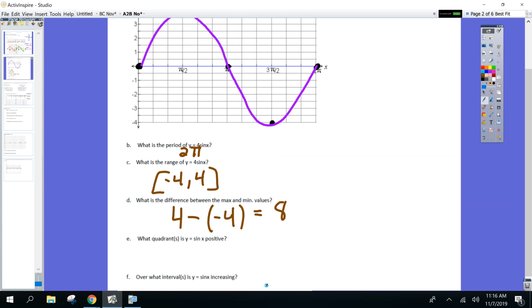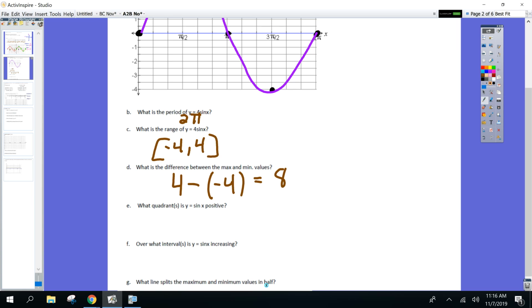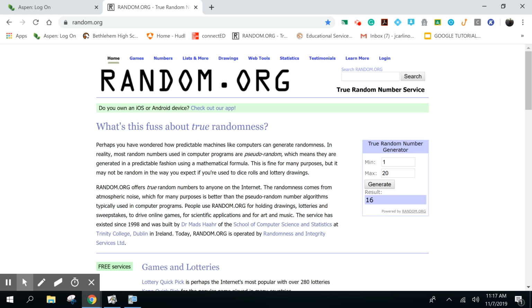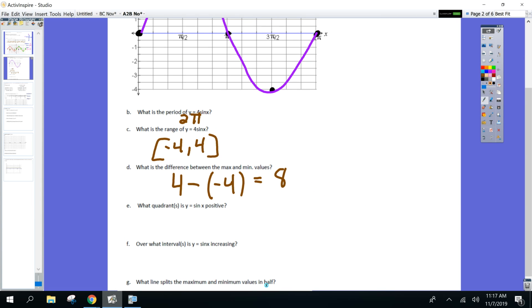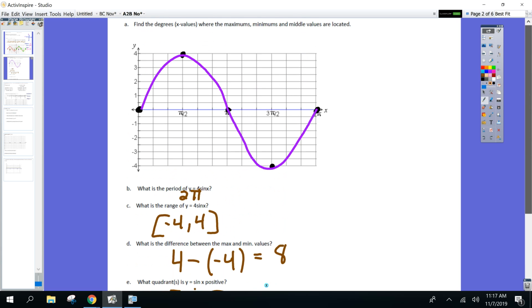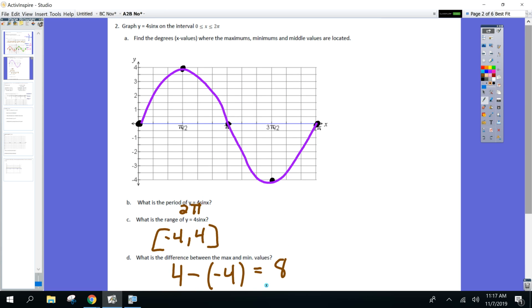What quadrant or quadrants is sine positive? And you can use your knowledge from last unit. Sine's positive in the first, yes. Any other quadrants? Now look, you don't see it, but your graph tells you that too.